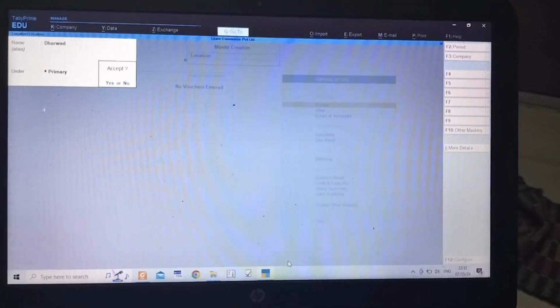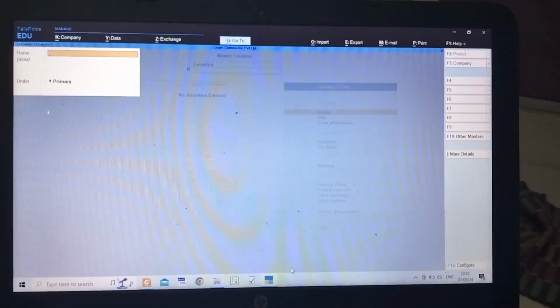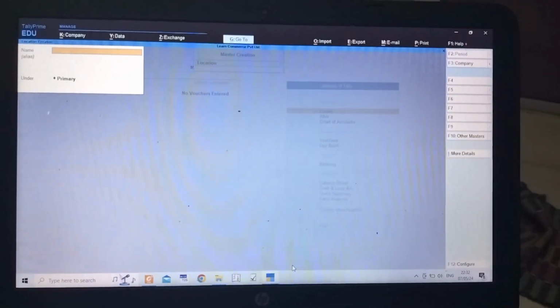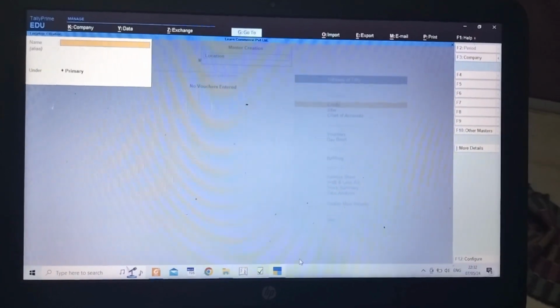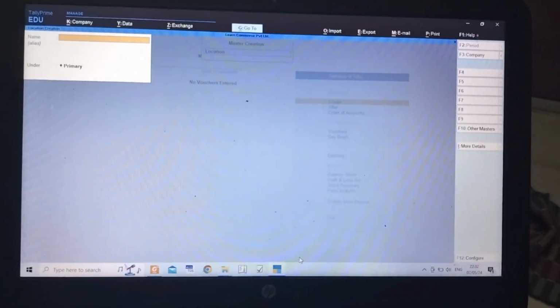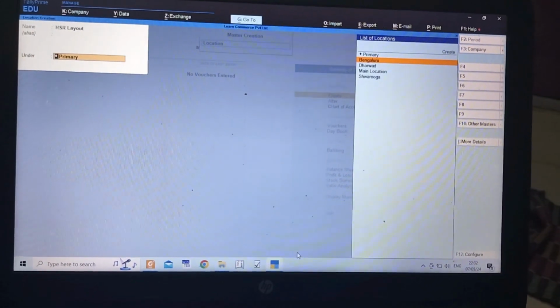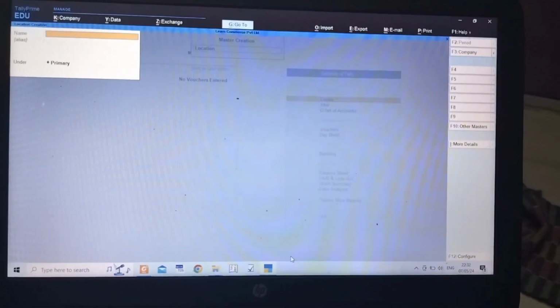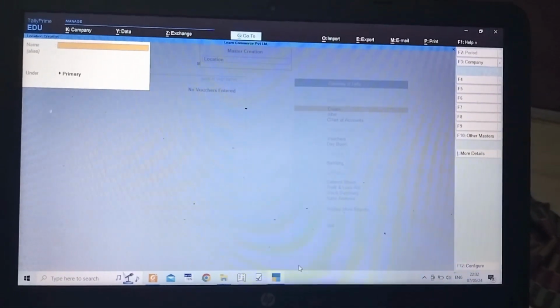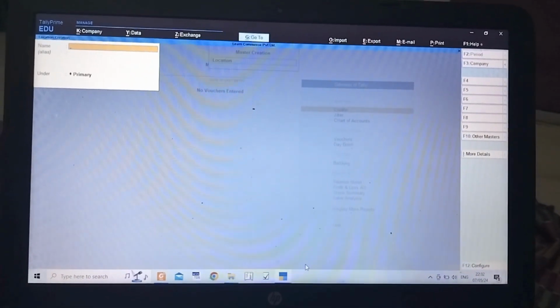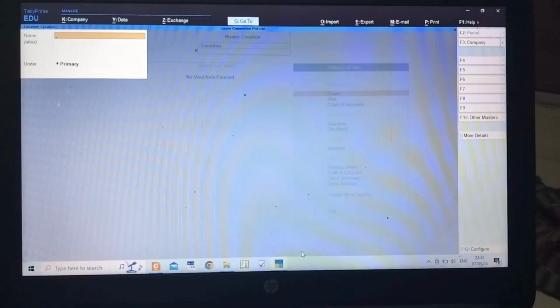Now I will create sublocation. Sublocation is location under location. So under Bengaluru I will create one, HSR Layout. Now instead of primary you choose Bengaluru, then accept. Yes, if you follow the navigation you can accept by navigating, otherwise you can press Ctrl A from keyboard to accept.